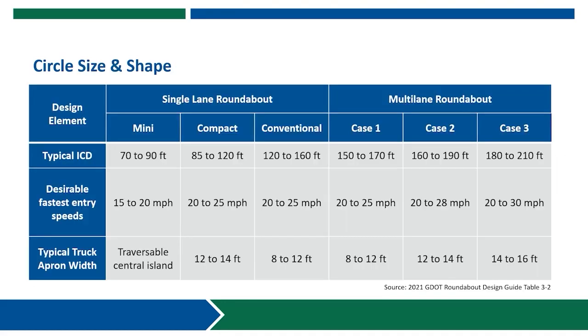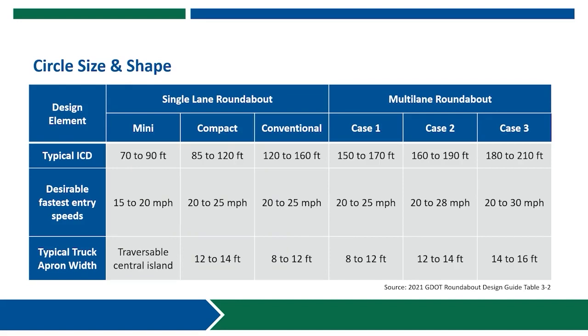Next, we'll turn to consideration number 3, circle size and shape. A good starting point for a single lane roundabout is an inscribed circle diameter of 130 feet. The ICD may be increased or slightly decreased to accommodate right-of-way, design vehicles, or to control speeds to meet fastest path requirements.